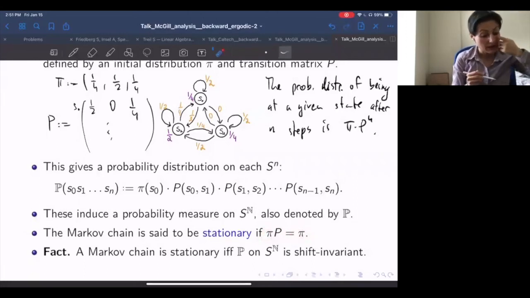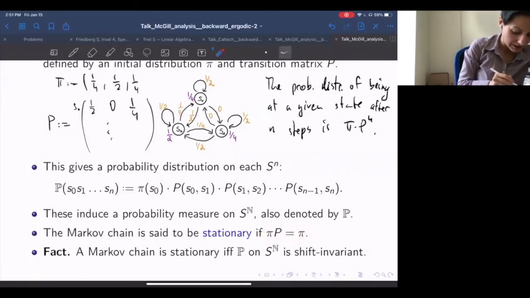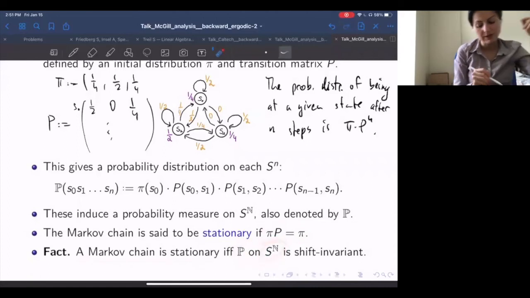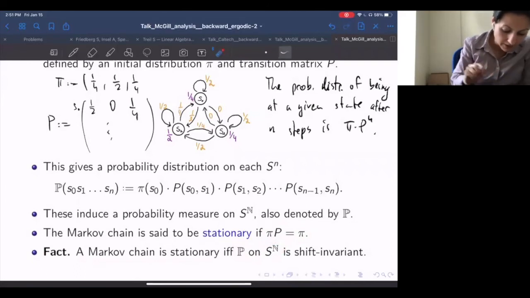It stays the same. In the dynamical language, this just says that the Markov chain is stationary if and only if this probability measure on the space of infinite sequences is shift invariant, where shift is our old friend, shift to the left, okay? And this is important because I only know how to handle invariant measures.